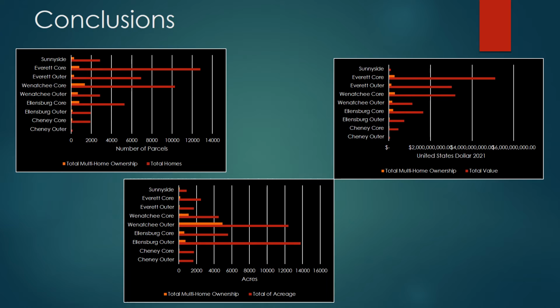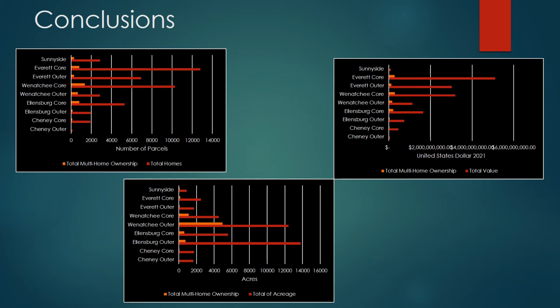Disregarding Wenatchee, overwhelmingly, there is a higher concentration of multi-home ownership in cores than in outers. For Ellensburg in particular, its core is higher than the non-college towns that we analyzed.